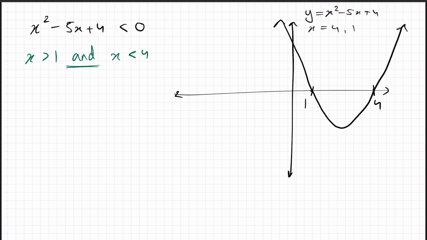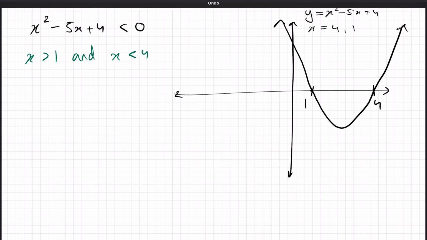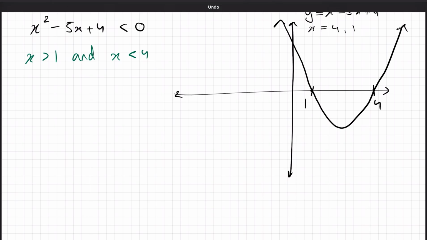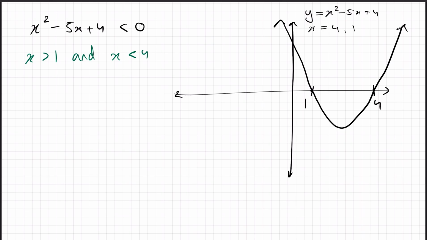Notice the use of the word and here, because anything in between this has to be both greater than 1 and less than 4. If we used or, then you could use either condition separately. And we can actually write this one as one inequality. We can just write 1 is less than x, and x is smaller than 4, like that. So that's the solution for this.